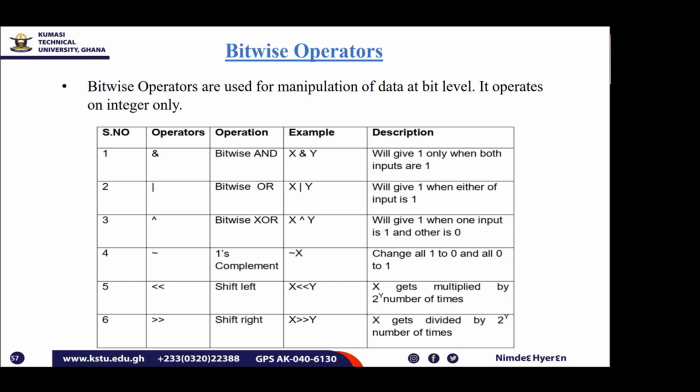So for the bitwise AND with just the single ampersand sign, what this means basically is that for X and Y, we would normally get 1 as the output when both inputs are 1.